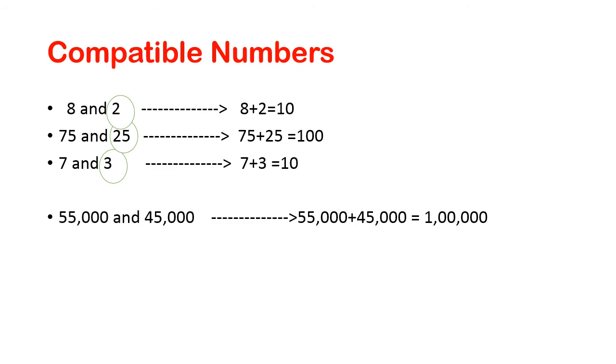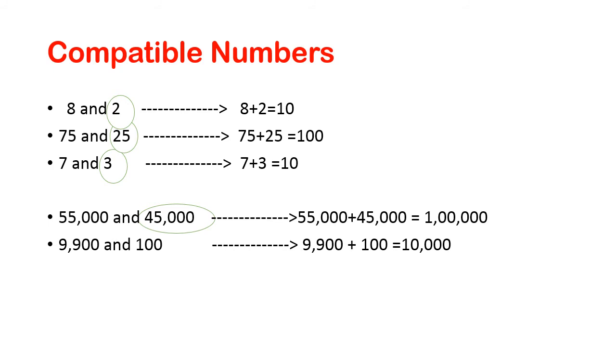The same way 55,000. Now we are going to round off 55,000 to the nearest 1 lakh. For that we have to add 45,000. Then only we get 1 lakh. So that 45,000 is also known as a compatible number. Then 9,900 and 100.